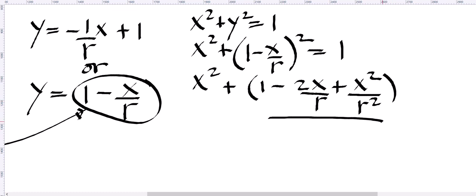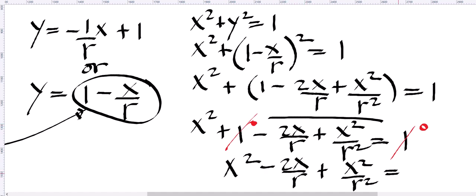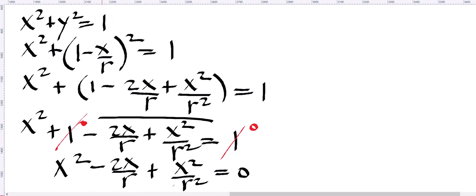Using the addition property of equality, that is adding negative 1 to both sides of the equation, the 1 here and this 1 on the right side of the equation would be 0. Hence, we have the equation x squared minus 2x over r plus x squared over r squared equals 0. Let us collect all the terms with coefficient x squared.